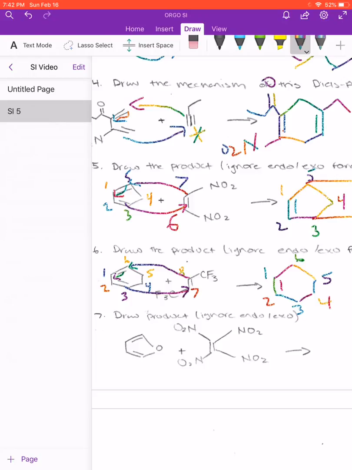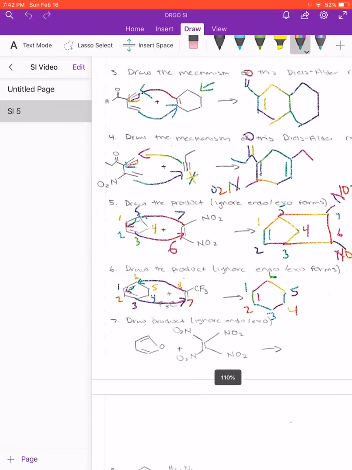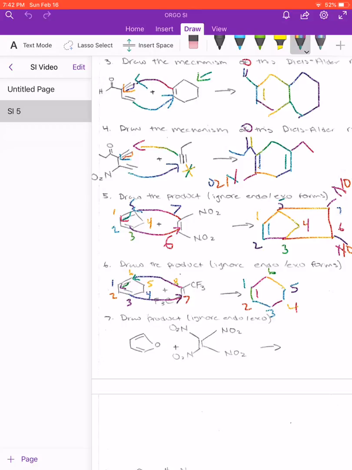So carbon 6 was attached to the carbon number 8, and carbon 3 was attached to carbon number 7, right? So having that in mind, we can draw the rest of the molecule like so.